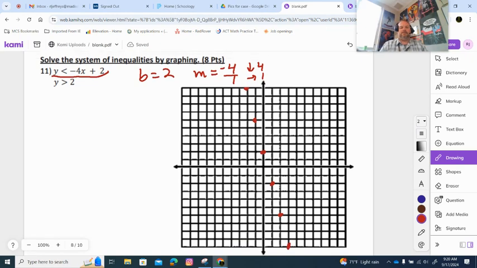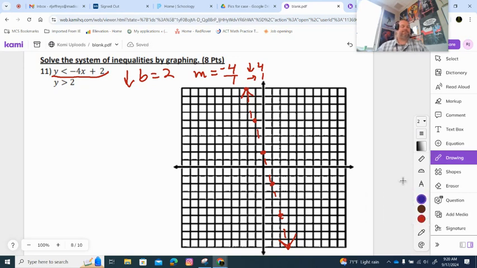All right. So this is a dotted line. Technically, I could leave this as is right here because this is dotted. But if you wanted to be fancy with it, you could. All right, we are going to shade down.